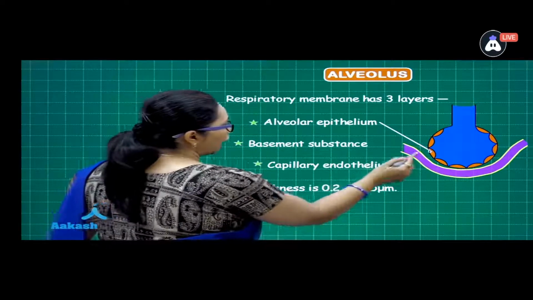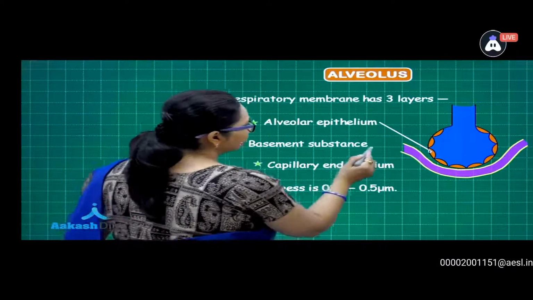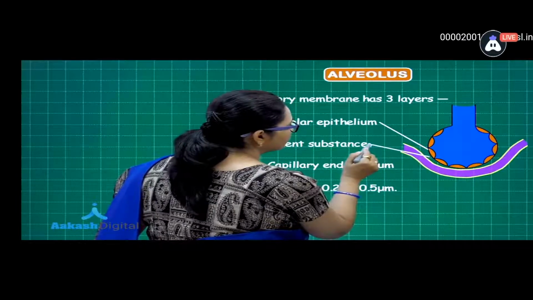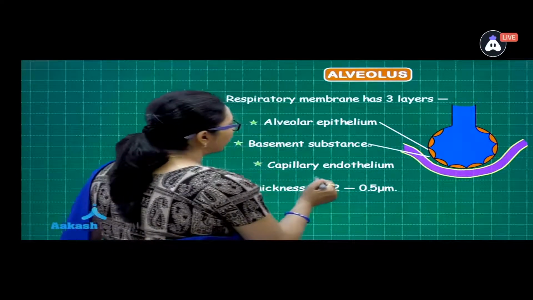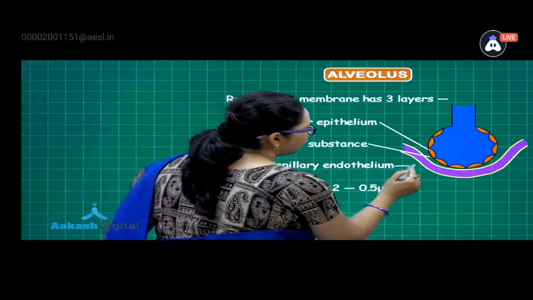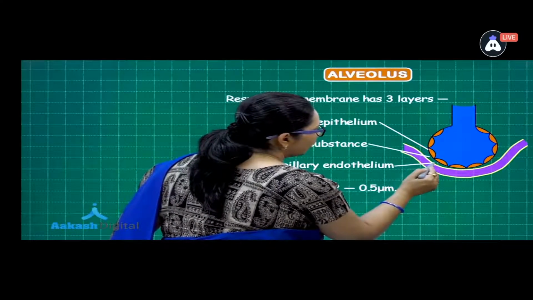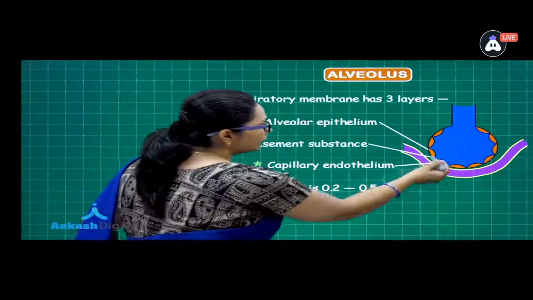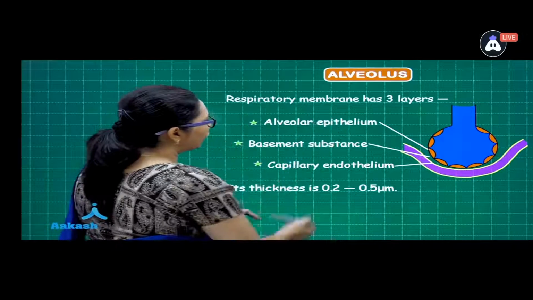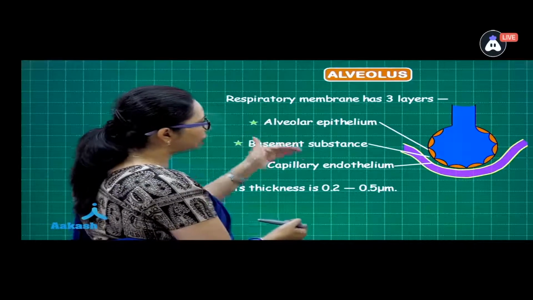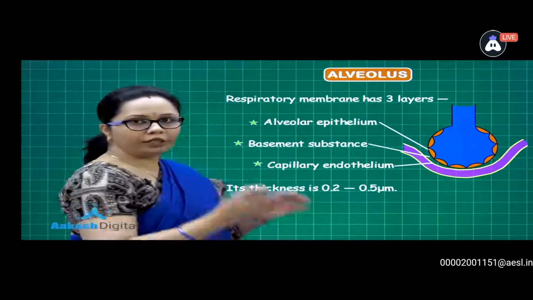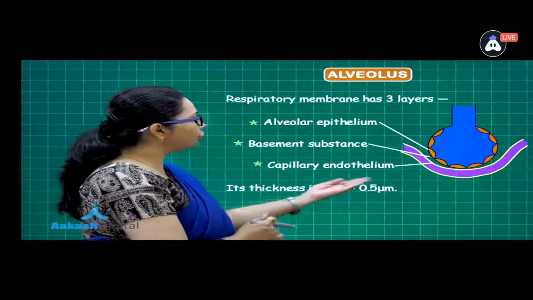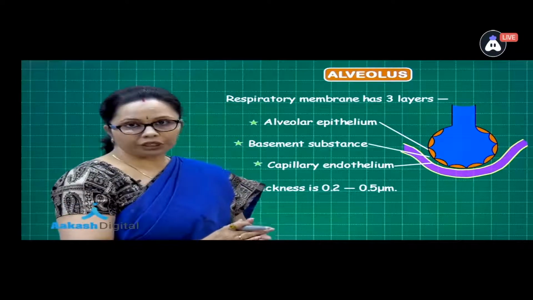Below it there is a basement substance, as there is also in the capillary endothelium, and here we have the capillary endothelium, which is also simple squamous epithelium. These three layers together, that means alveolar epithelium plus the basement substance plus the capillary endothelium, have a thickness of 0.2 to 0.5 micrometers.